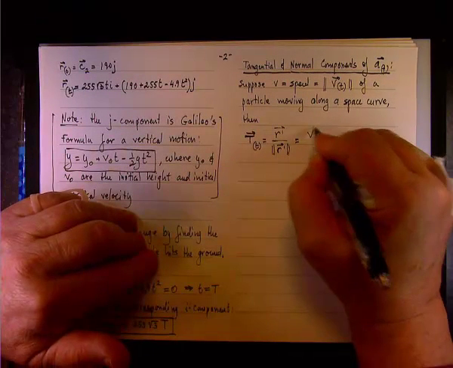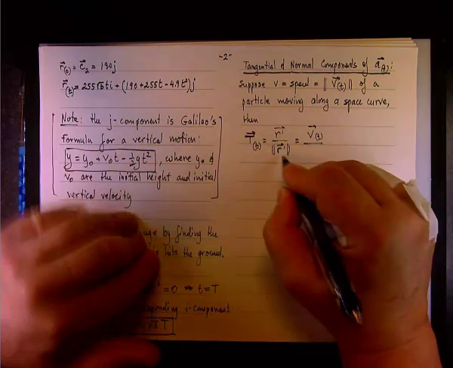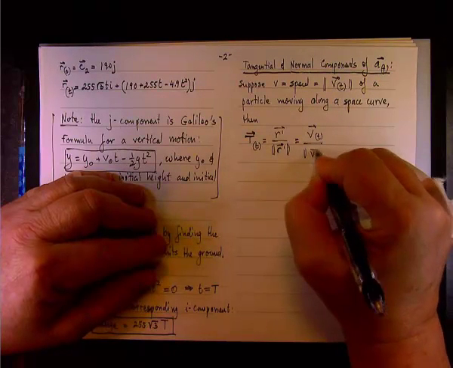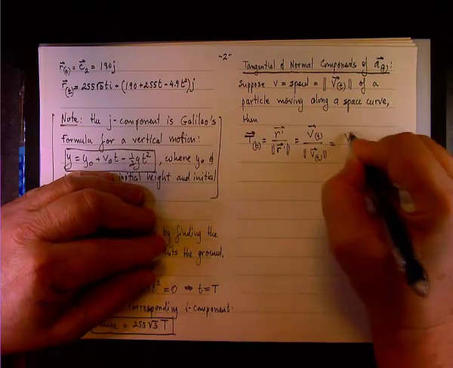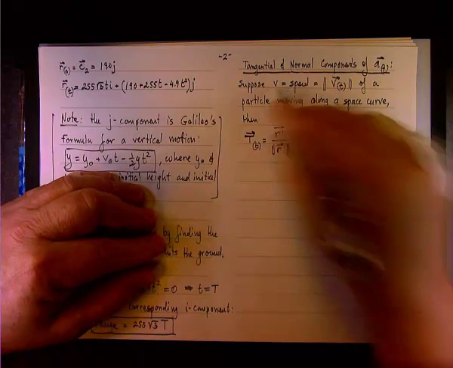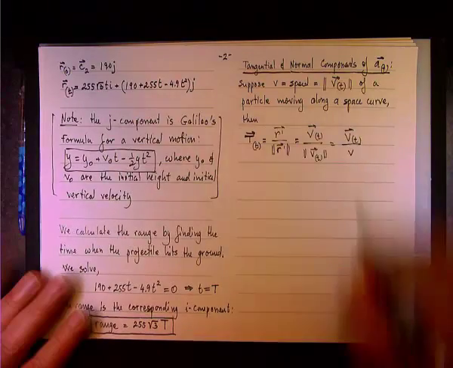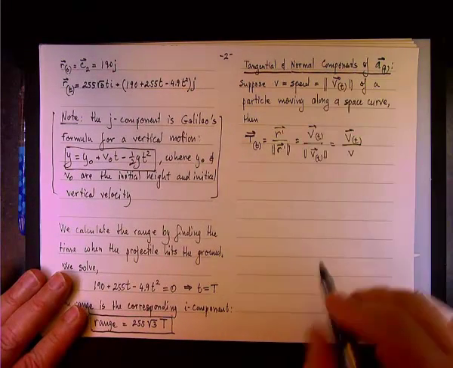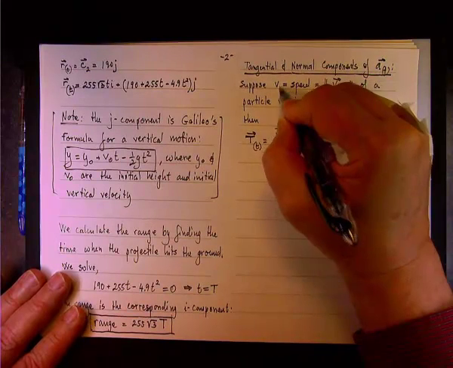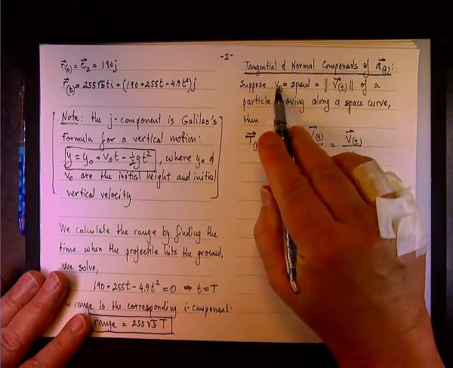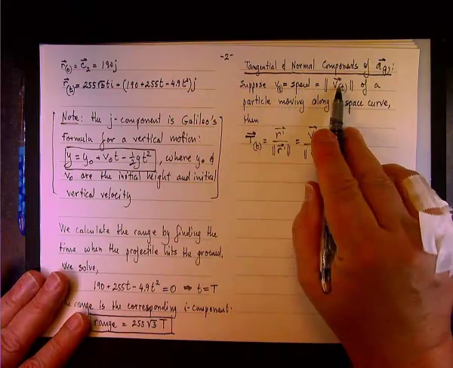All right, so then we're going to divert to the unit tangent vector as a function of time. Do you remember the definition of the unit tangent vector? R prime over its magnitude. Remember, R prime is also a function of time. And what is R prime? Well, R prime is the velocity, isn't it?